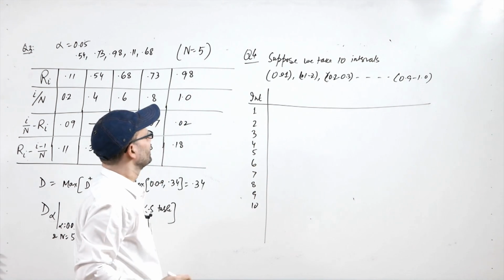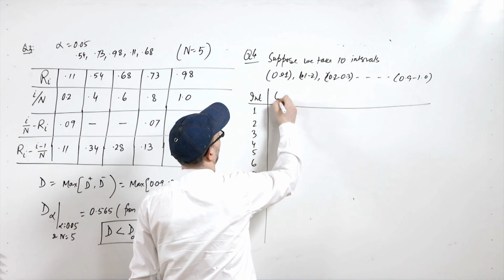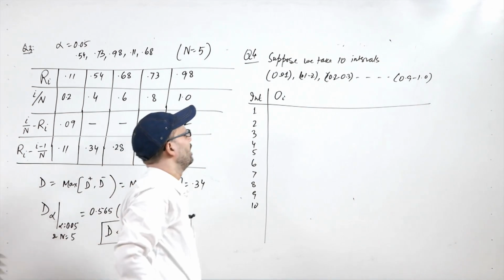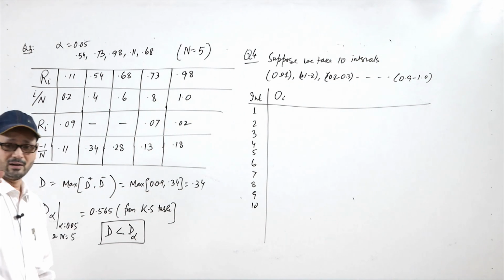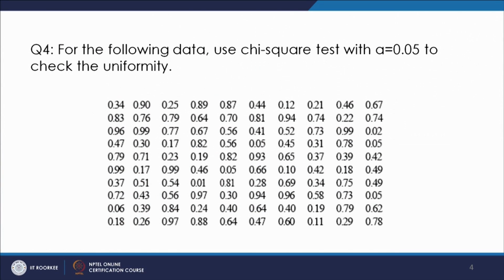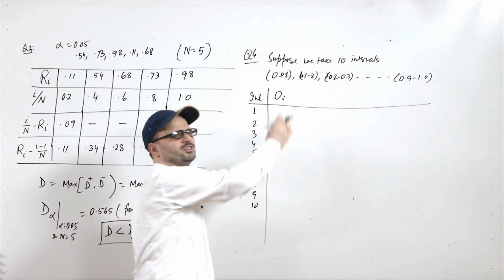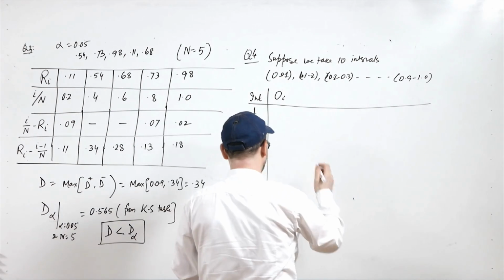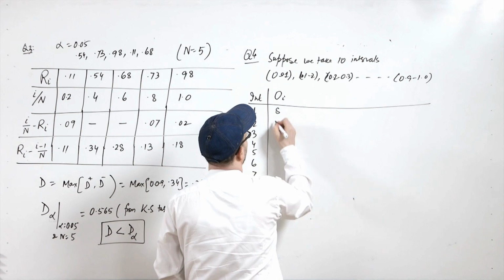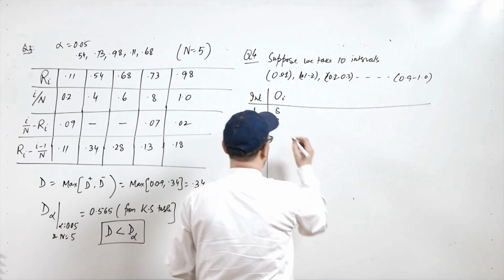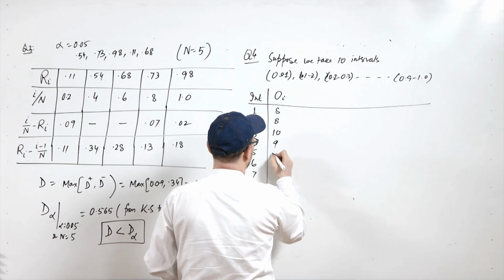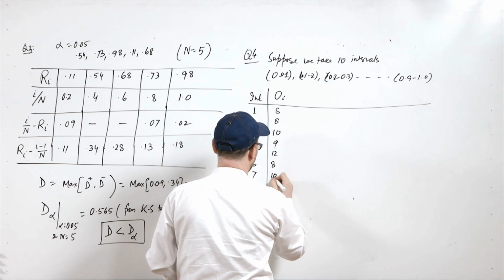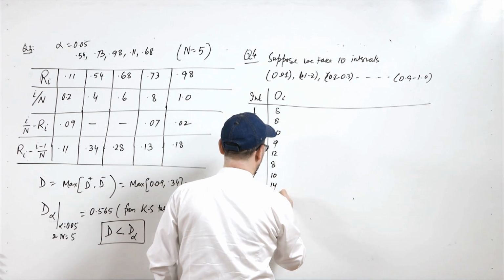Now you have the observed frequency. If you look at this table and calculate the frequency of the numbers which fall in each interval, you get the values 8, 8, 10, 9, 12, 8, 10, 14, 10 and 11.